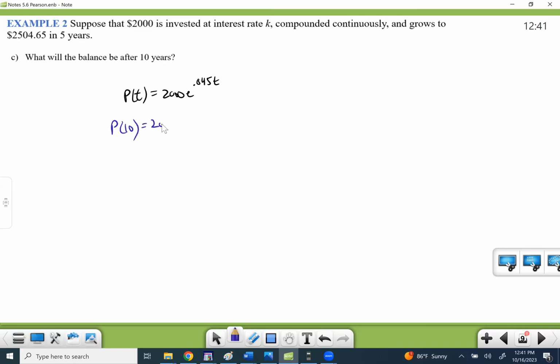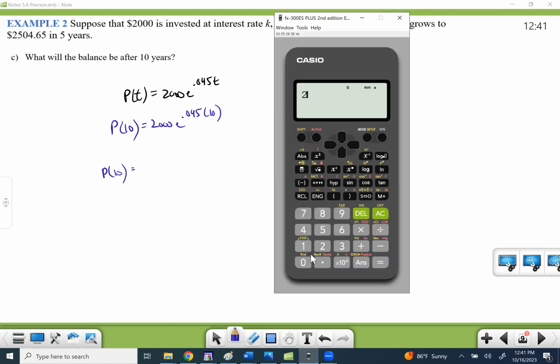And in this case, they don't have to specify where to round. We're talking about money. So we know that we're going to round to the nearest cent. Okay. So let's go ahead and type this in. 2,000 e to the 0.045 times 10.